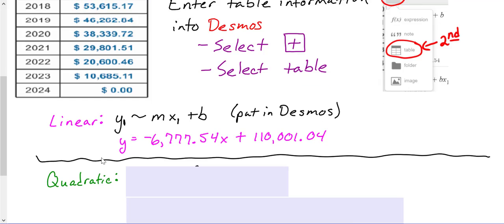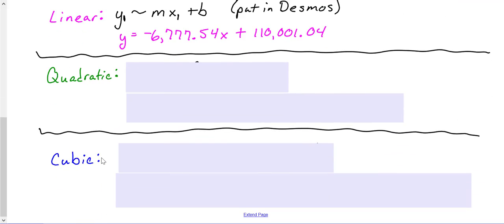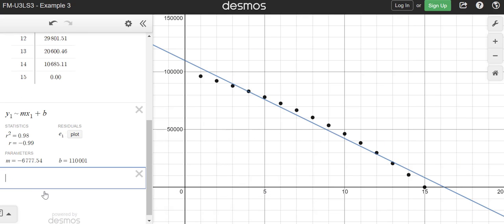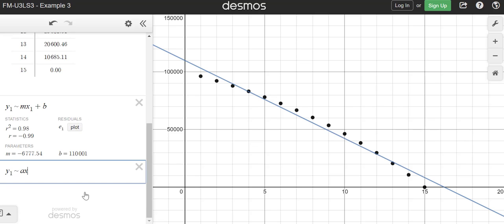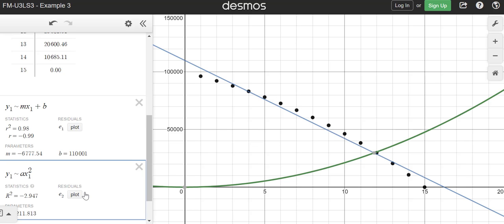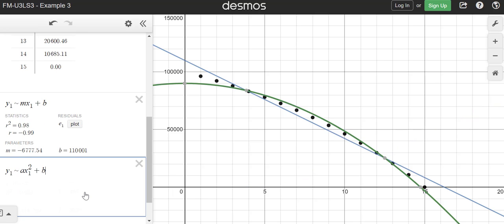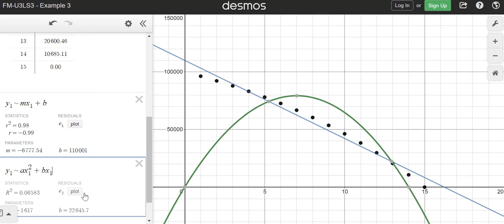For quadratic and cubic, we do the same type of thing. Quadratic has the format y equals ax squared plus bx plus c. Going back to Desmos, on the next line down I type y sub 1, tilde, a x squared sub 1, plus b x sub 1, plus c.